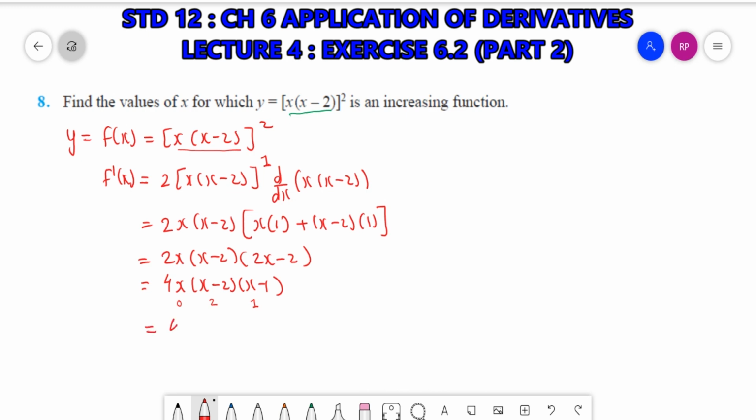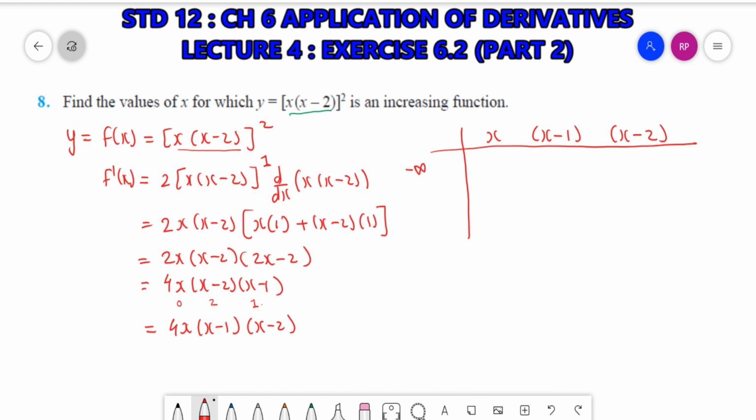So this will be equal to 4x, then (x minus 1) and then (x minus 2). Okay, I have arranged it. Now, starting from minus infinity, I need to take first 0.